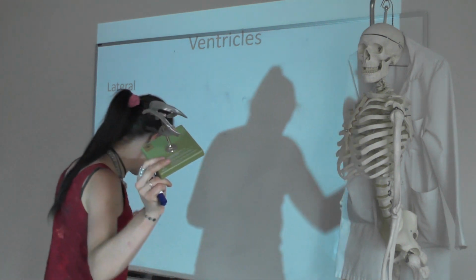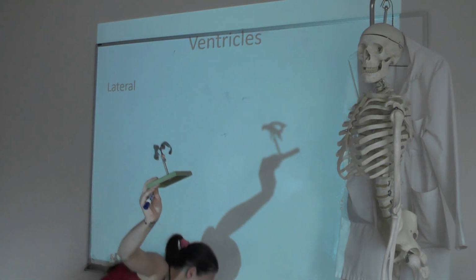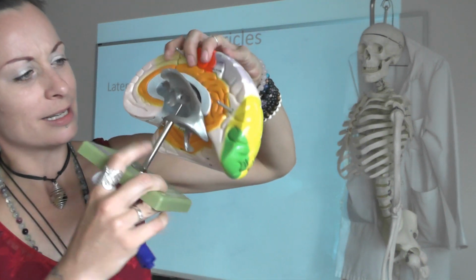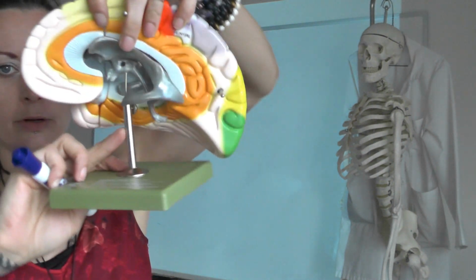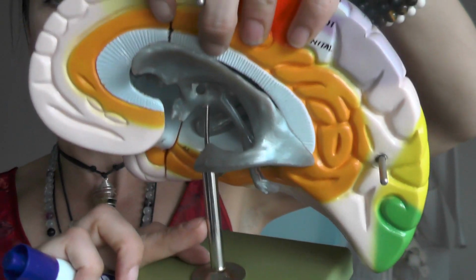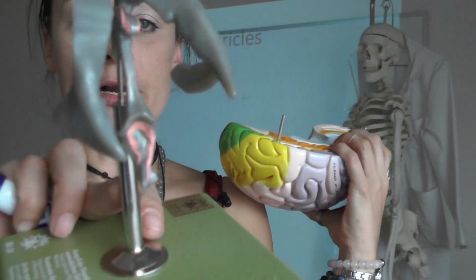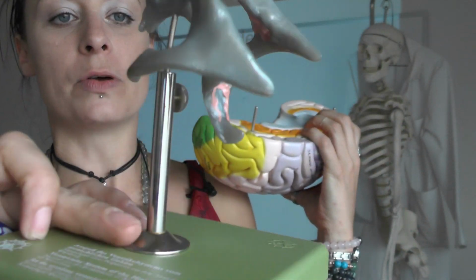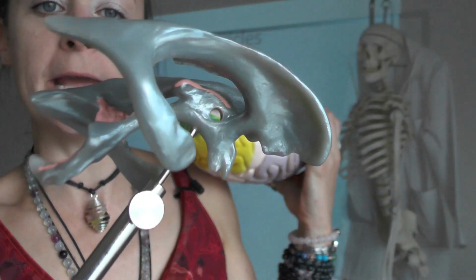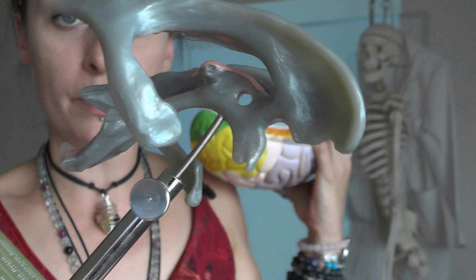This gives buoyancy to the brain and allows it to float. So, ventricles, I could stick that model back in there. It's beautiful, these fluid-filled spaces in the brain. The regions in here that are pink have those ependymal cells. Well, the entire ventricles are lined with ependymal cells, but in the pink region we are free of blood-brain barrier.